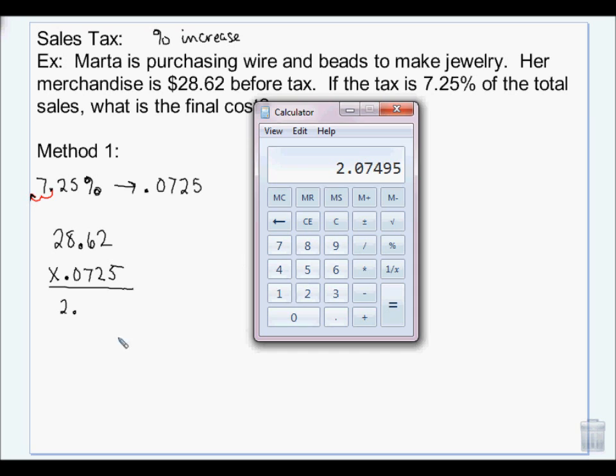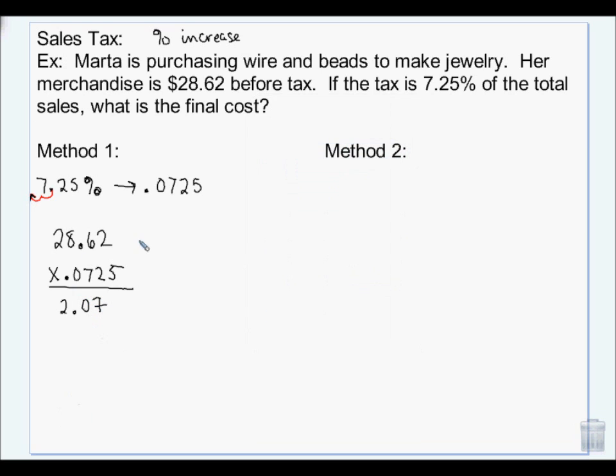This was her tax, and then I take the price and add the tax, and I get $30.69. So in this method, you first find the tax, and then you add it to the price.